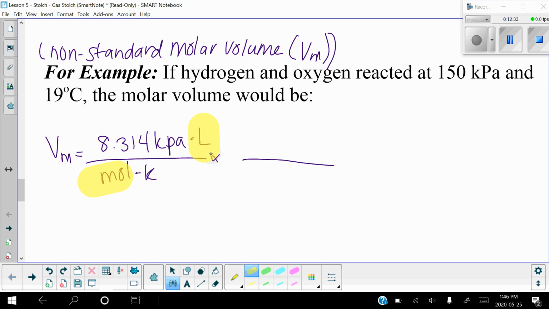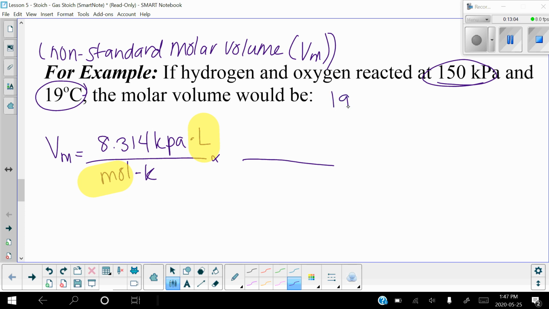We need to cancel out our pressure and our temperature. I'm going to get rid of my pressure first. We notice that our temperature is given to us in Celsius. Whenever we're working with the ideal gas law or anything to do with gases, you need to make sure that your temperature is in Kelvin.